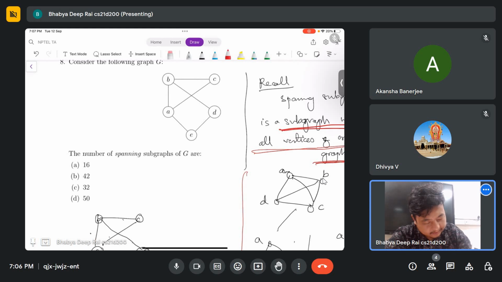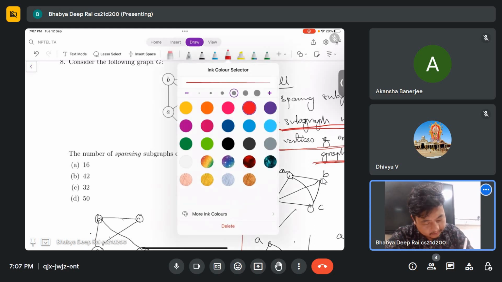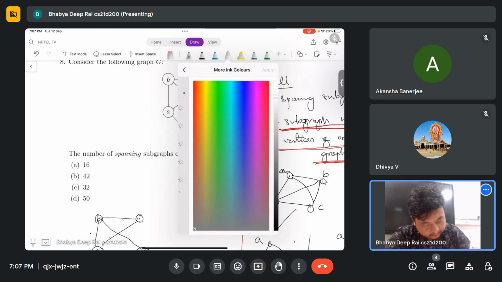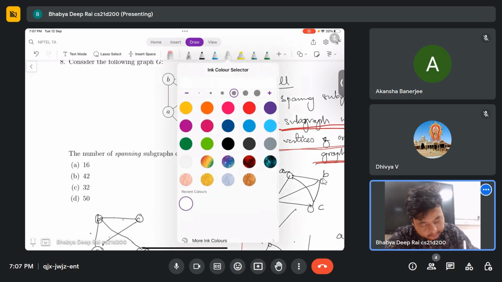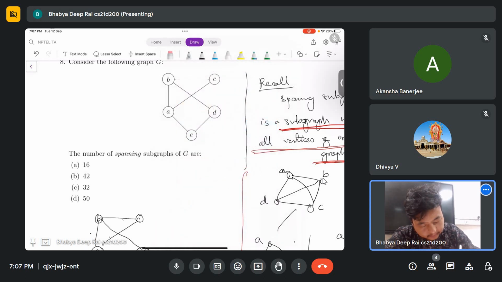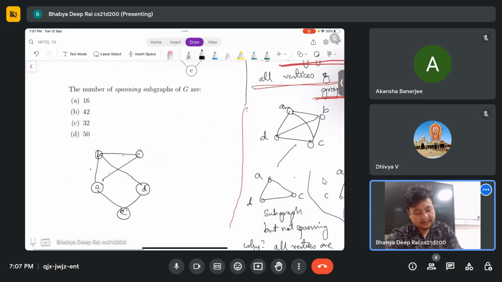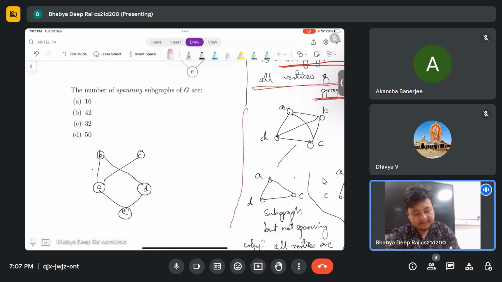Let's say this edge was not there. Now we need to remove from here also. Yeah, so this was the graph given.